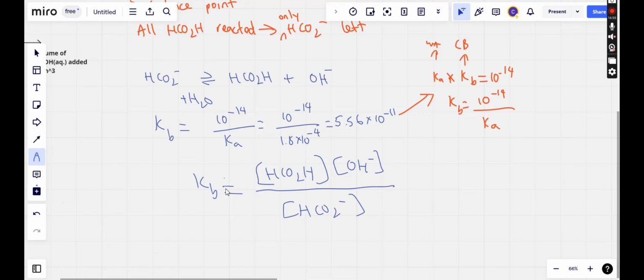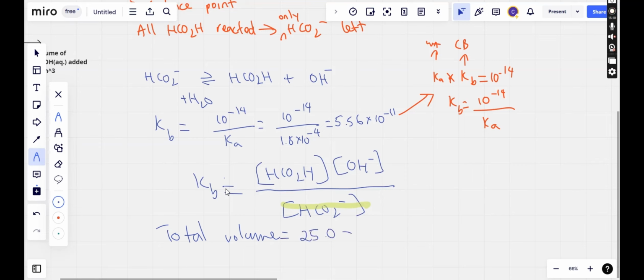So at this stage right here, you guys have to be very careful about the concentration of the conjugate base, because as of now, your total volume is actually 25 plus 25, which is 50.0 cm cube.